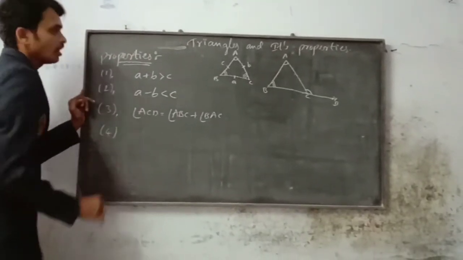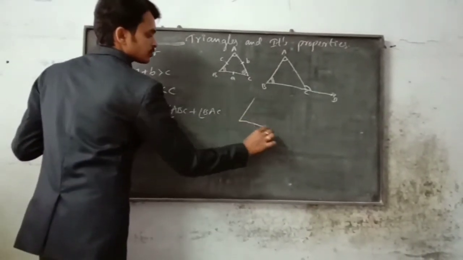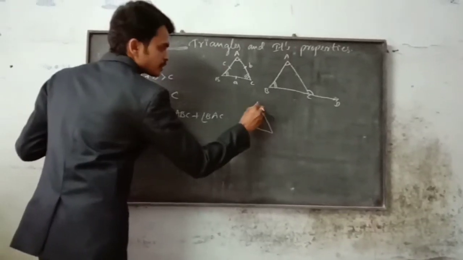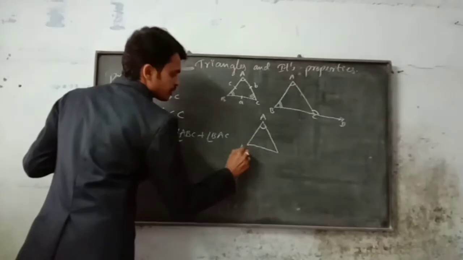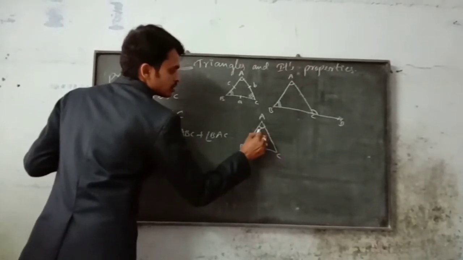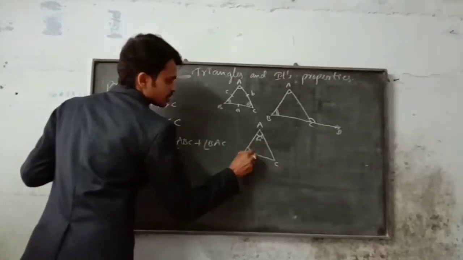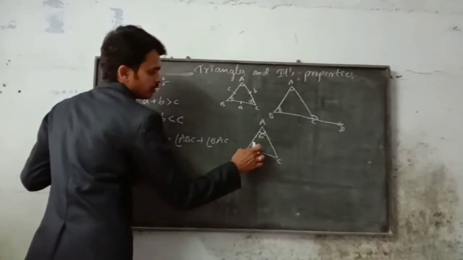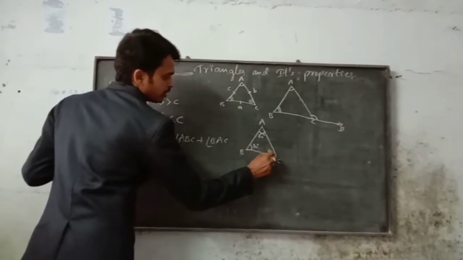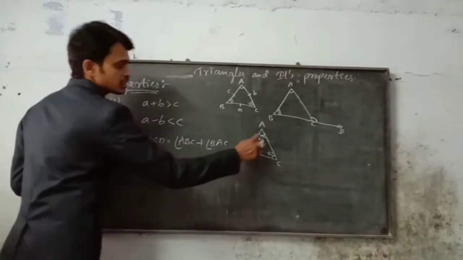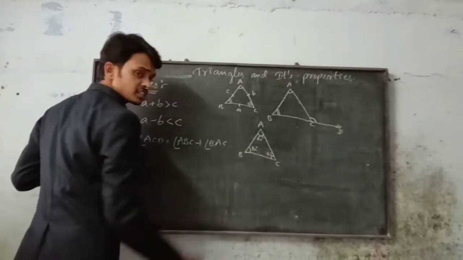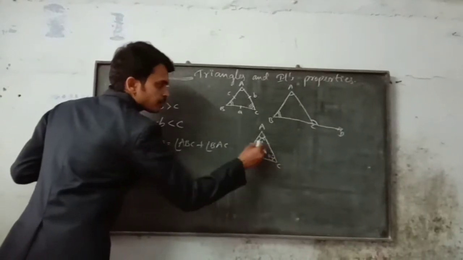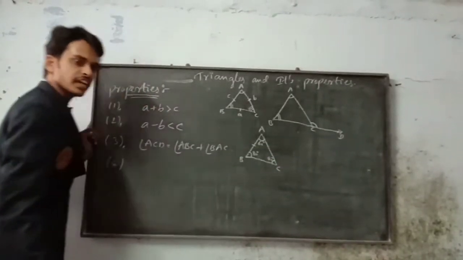And in a triangle, which is the smallest? Suppose in triangle ABC, this is 60, this is 80, 60 plus 80 is 140, 140 plus 40 is 180. Among these three angles, 40 is the least angle, and its opposite side is the smallest side.